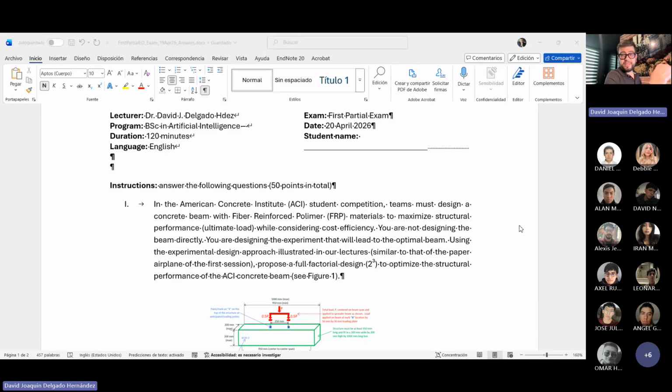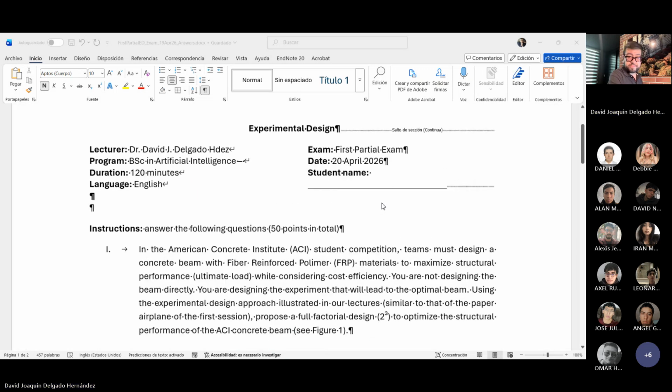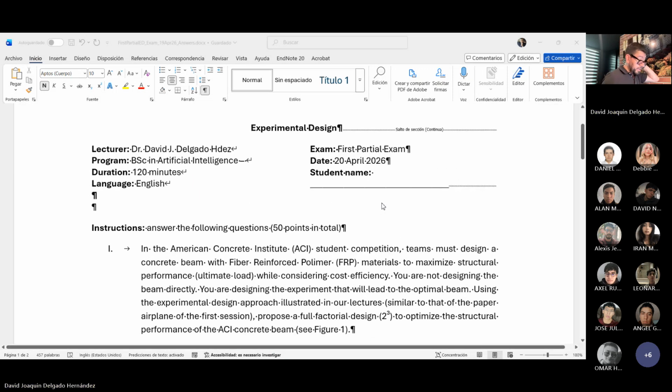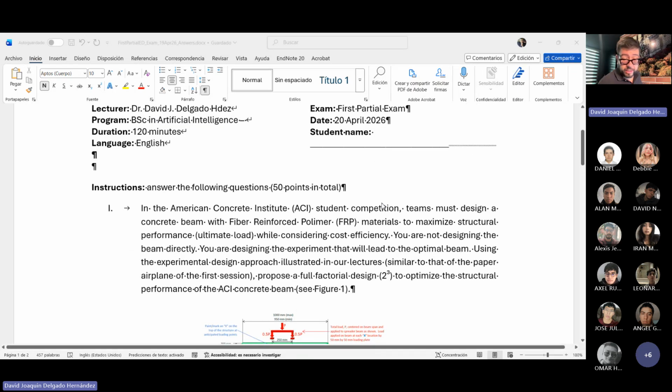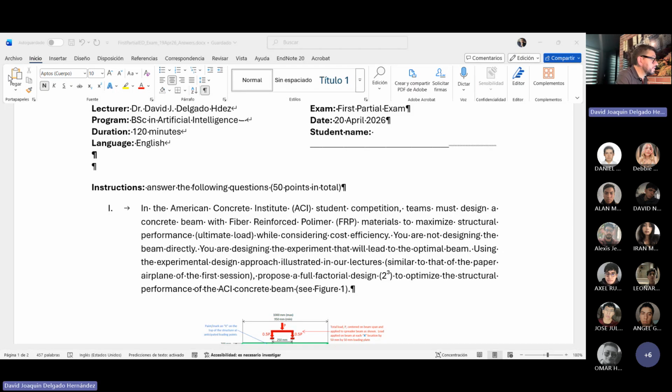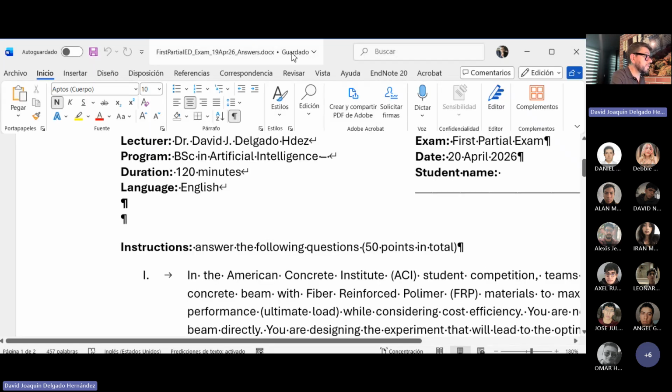So he was explaining about how this works and the main rules of the competition, right? So here you can see that there is some brief explanation about the competition, but we are going to read this now.